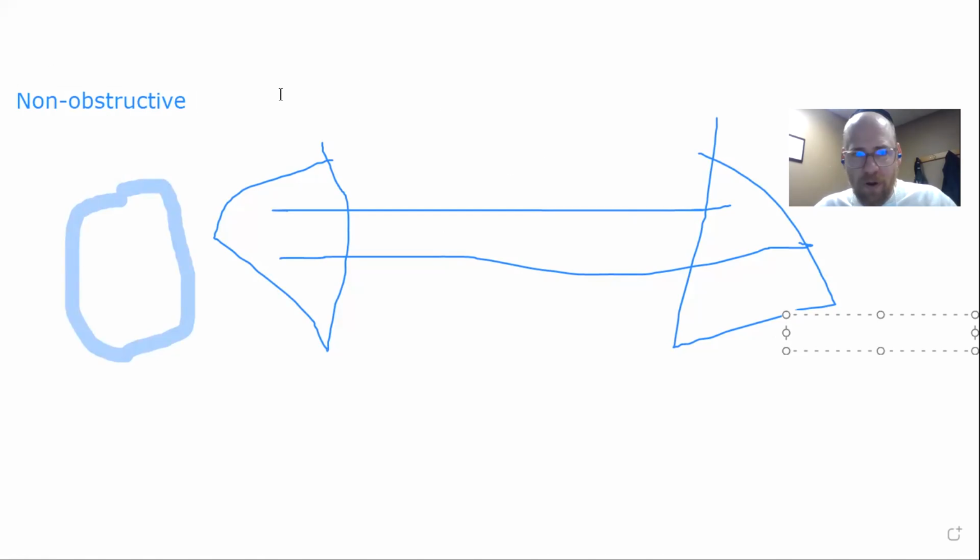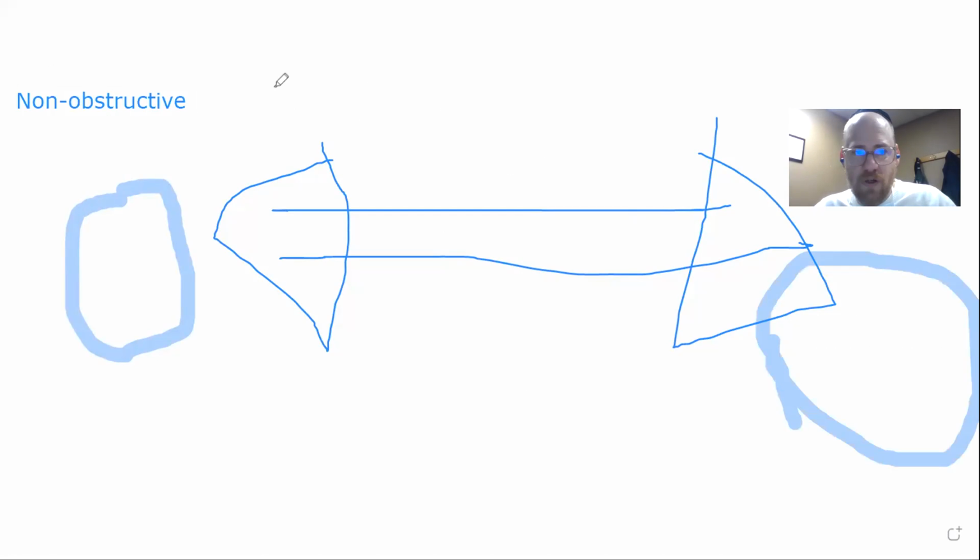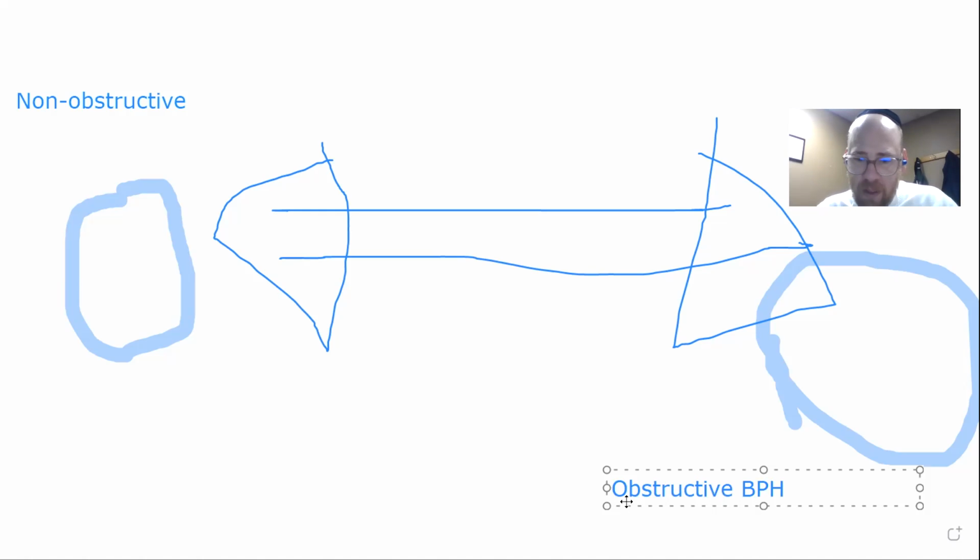However, over here we have an obstructive BPH, because the prostate is enlarged to such an extent that it is inhibiting or entirely preventing the flow of urine. That is why screening is so incredibly important for men.